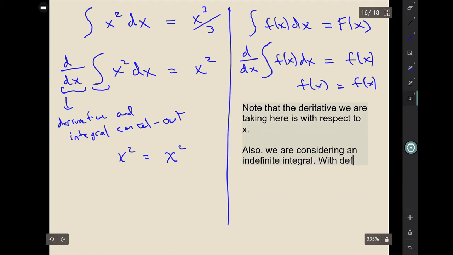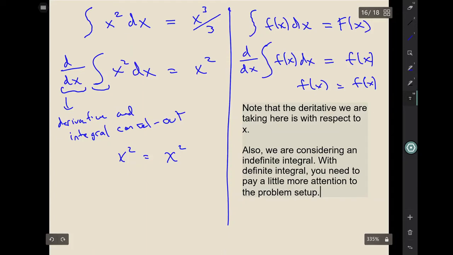With definite integrals in the next video, I'll just say you need to pay a little more attention to the problem setup. In practice, this means, i.e., you need to read the question carefully. So we'll talk more about that.